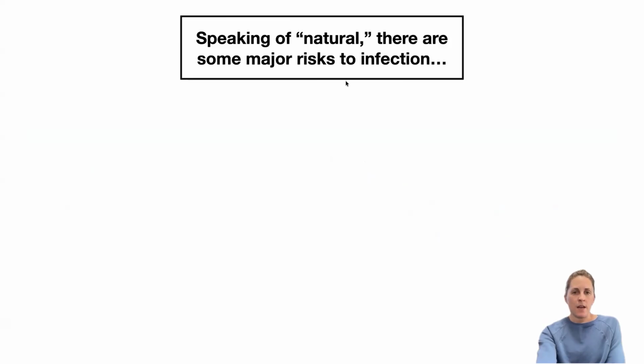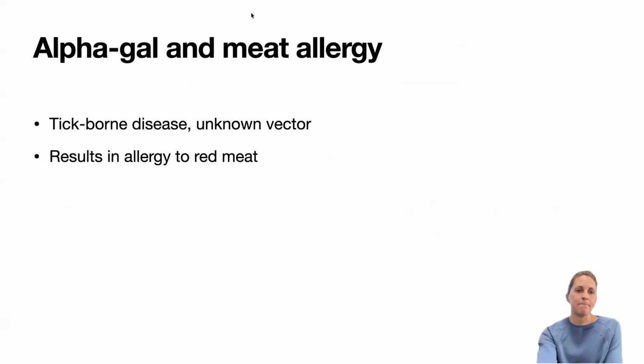And so, speaking of natural, there are some major risks to infection. One of the big ones that's really interesting right now is alpha-gal syndrome and meat allergy. This is a tick-borne disease, but it has an unknown vector. We don't know if it's something that the tick has in its saliva, which has been characterized as being kind of venom-like, or if it might be a parasite, a bacteria, or a virus that is being released when the tick bites you.